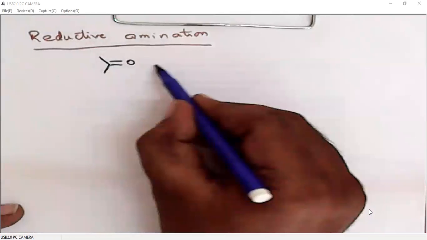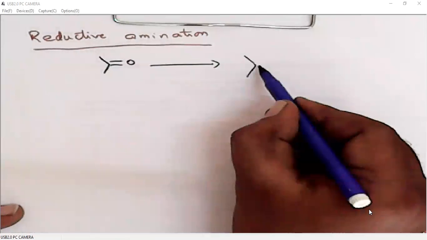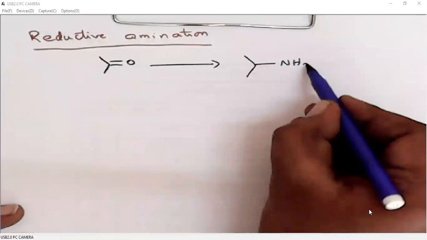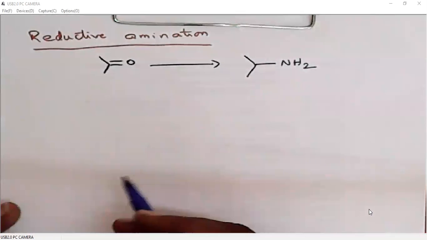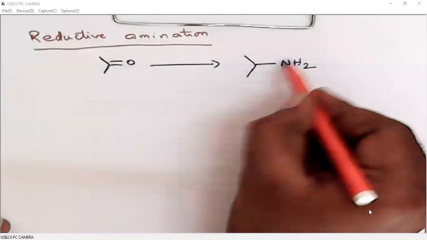When we have a carbonyl, we can convert this carbonyl into an amine using some amine source.